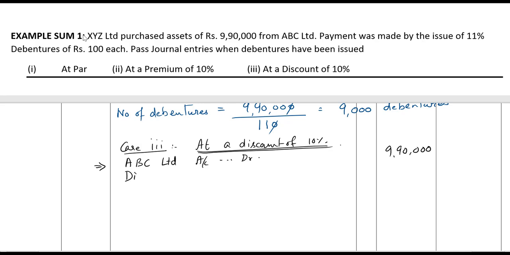We need to debit discount on issue of debentures account, discount on issue of debentures account debit, to 11% debentures account.